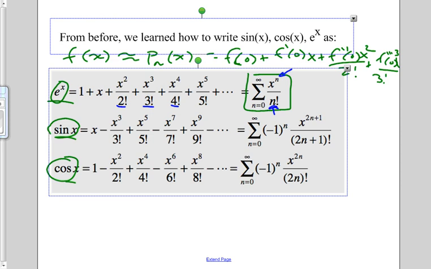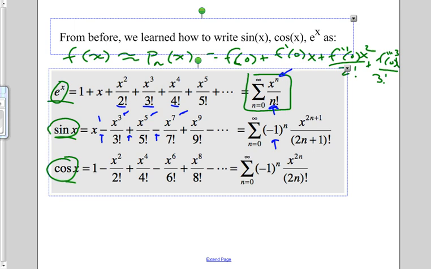And sine x is a little bit tricky because we're only looking at odd degrees: 1, 3, 5, 7, and I'm going negative, positive, negative, positive. So to deal with that, I've got this negative 1 to the n. And we looked at that before. All that does is, when n is an even number, we get positive. When n is an odd number, we get negative.